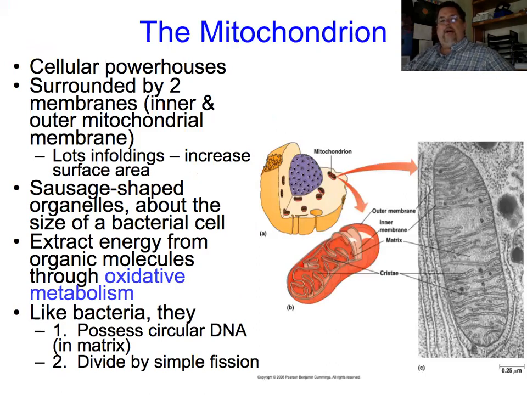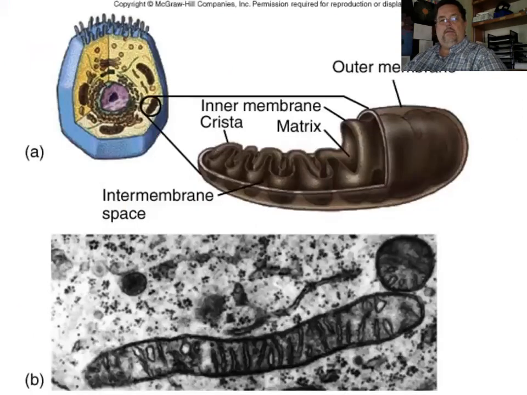And it has two cell membranes as well, an inner membrane and an outer membrane. And so it does all sorts of oxidative functions to make ATP. Here's some more pictures of it. Here you can see an electron micrograph of a mitochondria. You can see its outer membrane, its inner membrane.